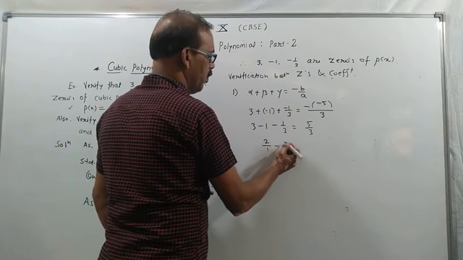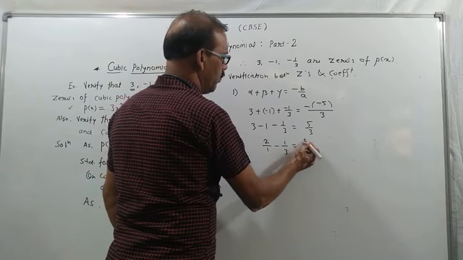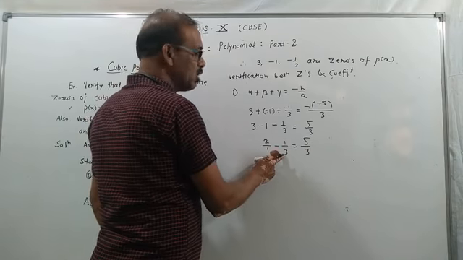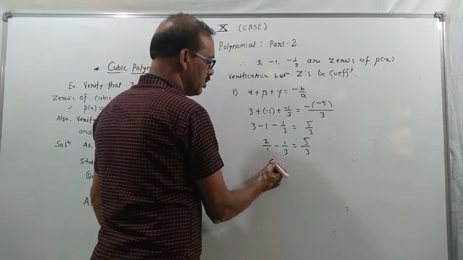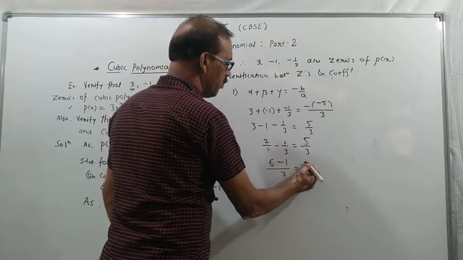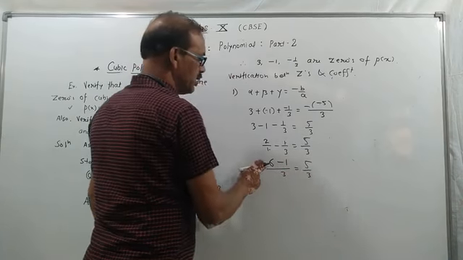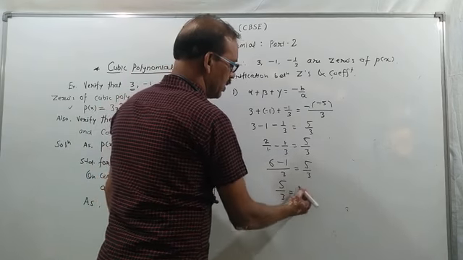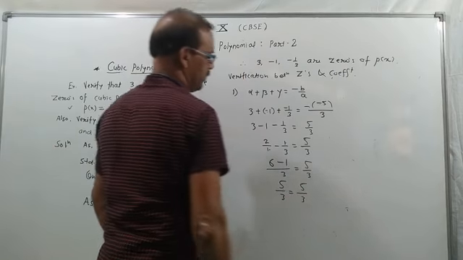In fractional form it is equal to 5 by 3. Performing cross multiplication, it gives us 6 minus 1 by 3 is equal to 5 by 3. 6 minus 1 is 5 by 3, equal to 5 by 3.